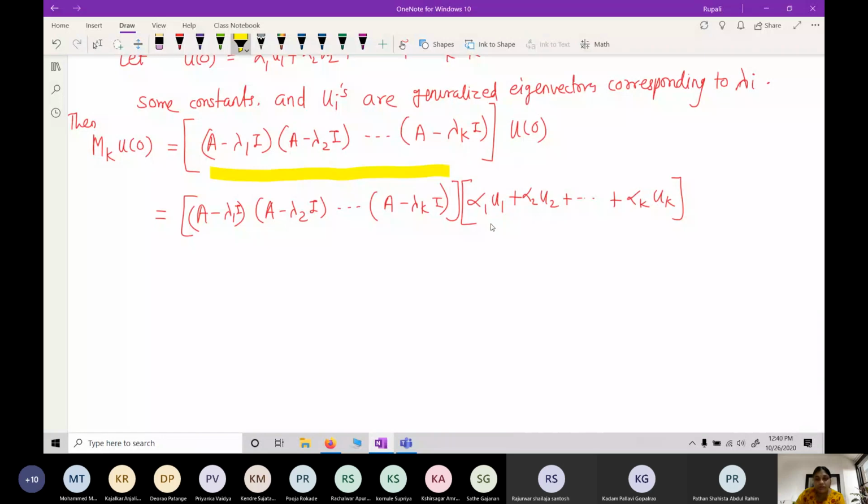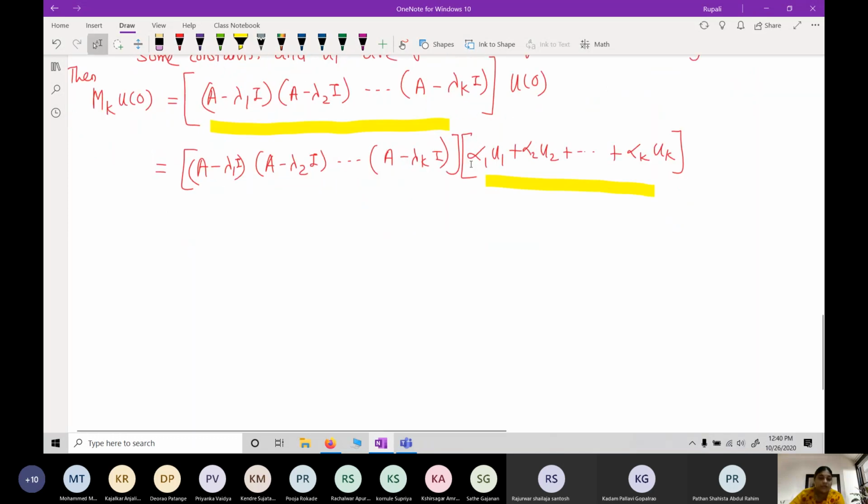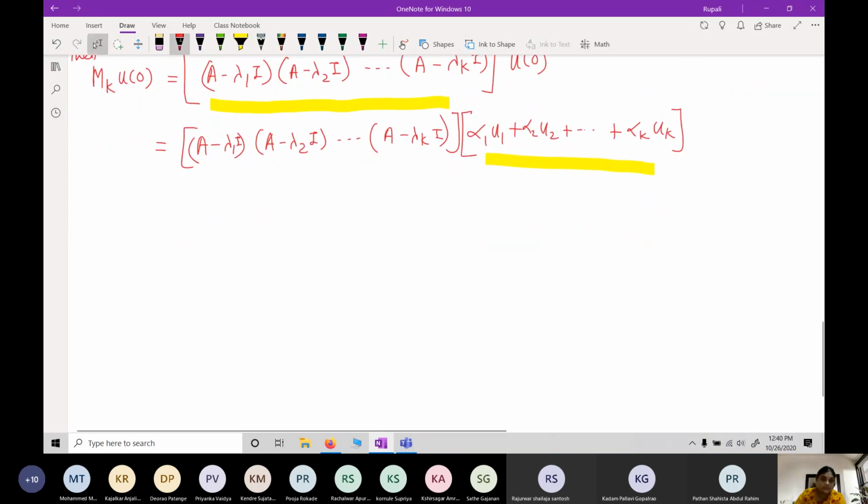And u0 we have taken as a linear combination of eigenvectors corresponding to lambda 1, lambda 2, up to lambda k. So what can I say about this product, A minus lambda k times I into alpha k times uk?